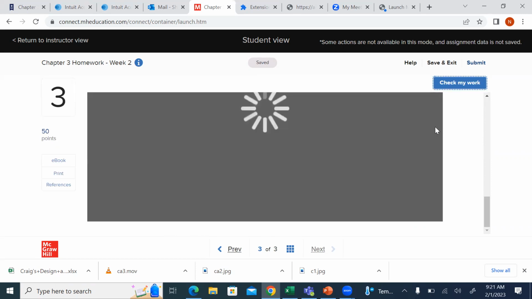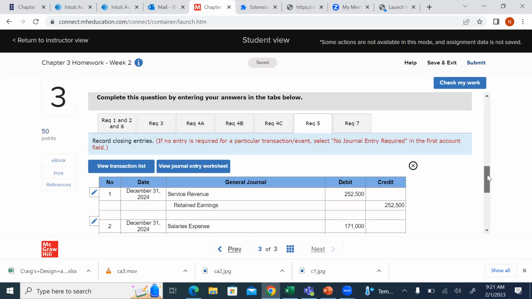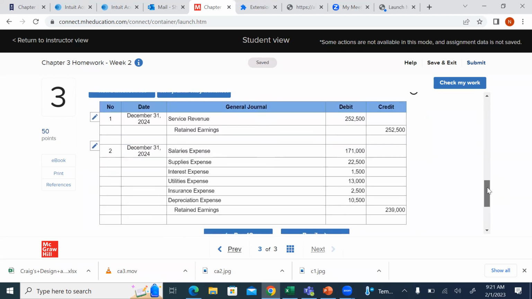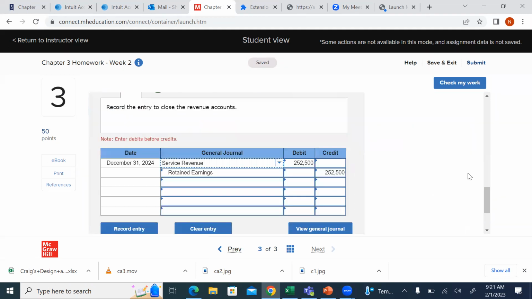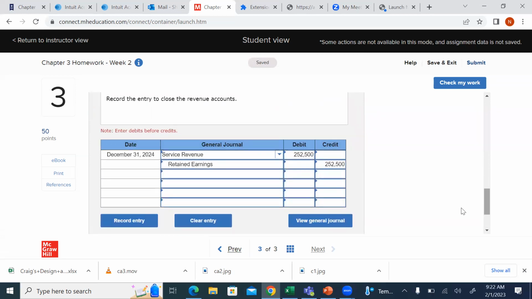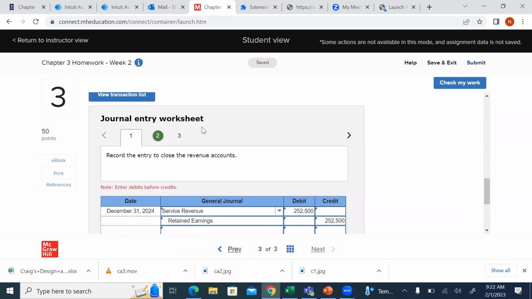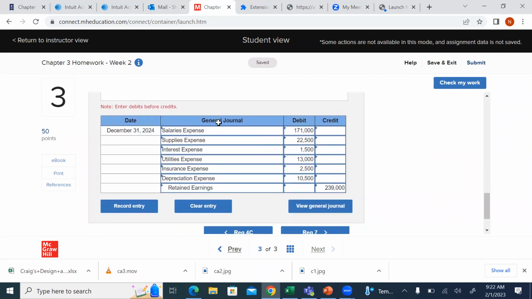I did it totally the wrong way. They're normally debit balances, right? So I need to credit them. So technically I should have retained earnings up here of 239, because your debits always go before your credits, remember?